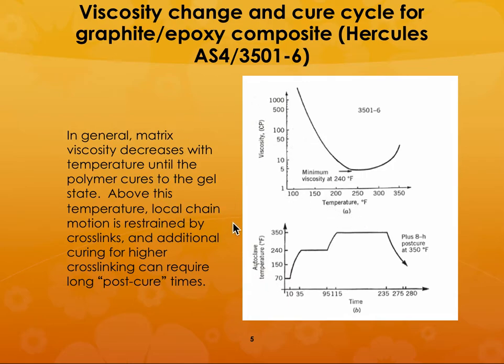We can also look at how the viscosity changes as a function of temperature. So why do we do this? We do this to effectively design the processing parameters for your composite material. So for example, at around 250 degrees Fahrenheit, you have the lowest viscosity, and then it starts going up as you increase the temperature above 350, then the matrix starts becoming completely solid.